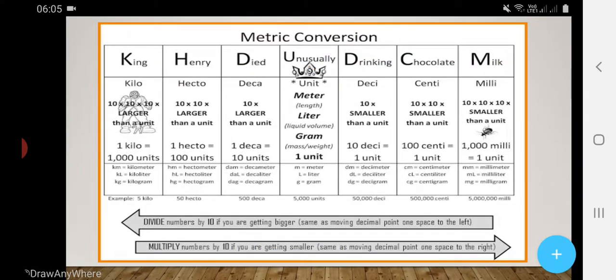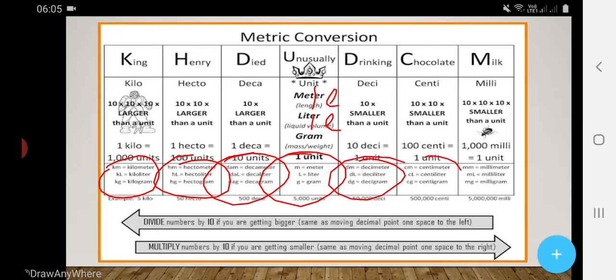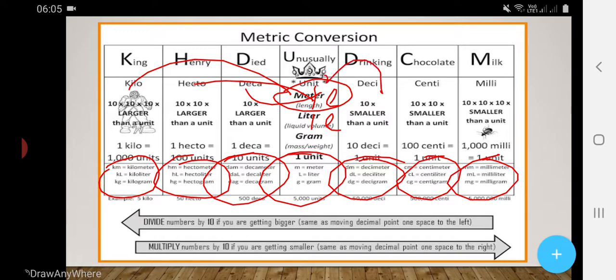Now, here there should be a correction, that is the spelling of meter. We follow British writing: metre, litre. Here also, correction for the spelling of liter and meter. For measurement of length, we use metre, that is kilometre, hectometre, decametre, decimetre, centimetre, millimetre.